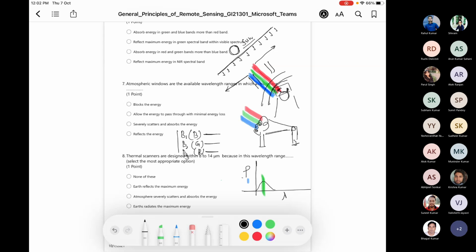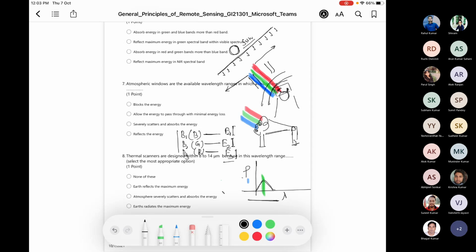As I said before, by considering the spectral signature of vegetation, the highest reflectance we see is at the green band. If let's say there are three energy levels, E1, E2 and E3, which one is highest? Just seeing this curve, we can say that E2 is highest. In the green band, our eyes collect the highest energy in terms of magnitude. E1 and E3 are less compared to E2.